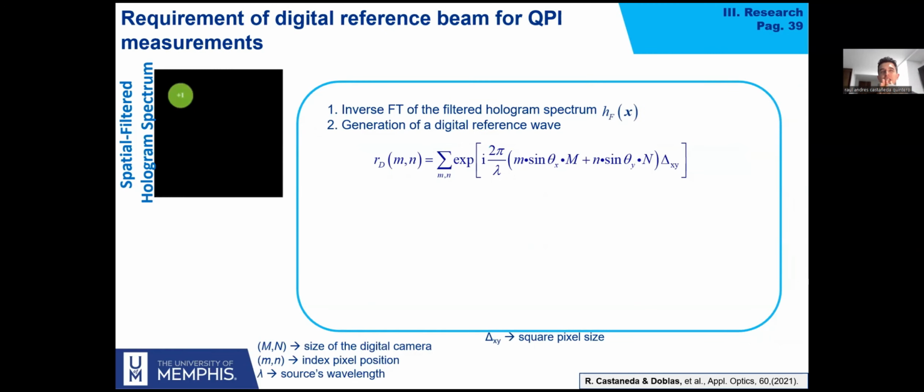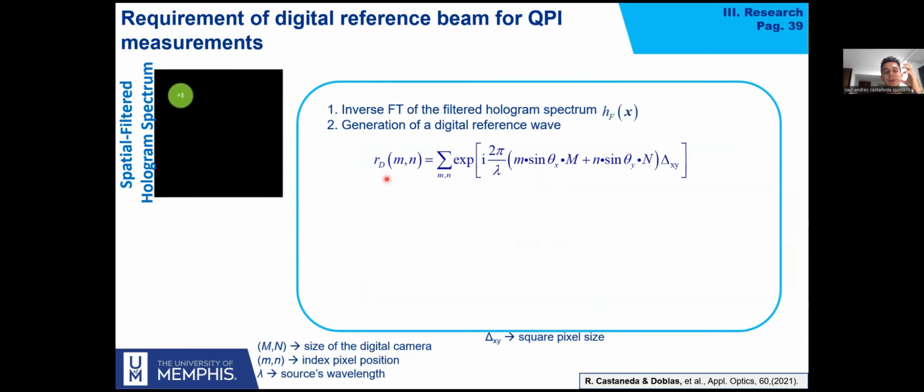Let me explain in detail the compensation step. I said before that the compensation entails multiplying a replica of the digital reference beam by the inverse Fourier transform of the hologram filter, right?